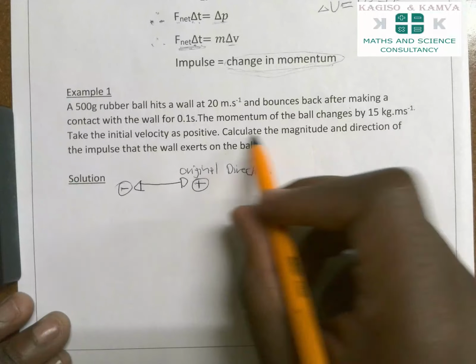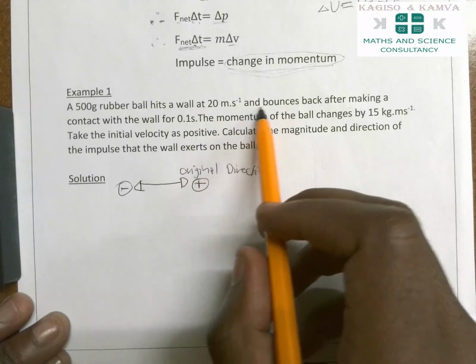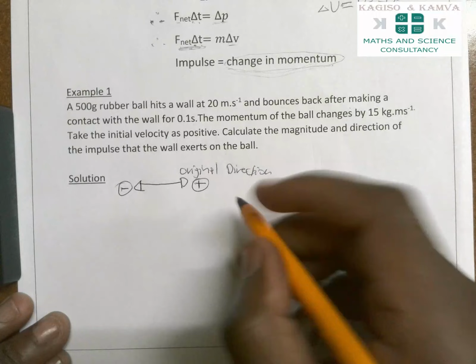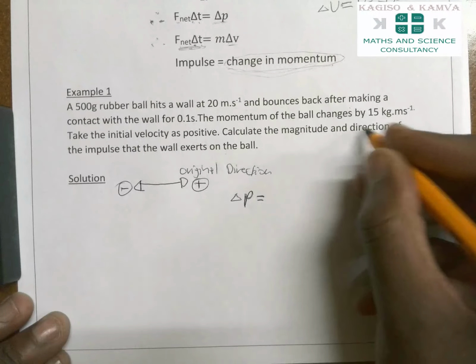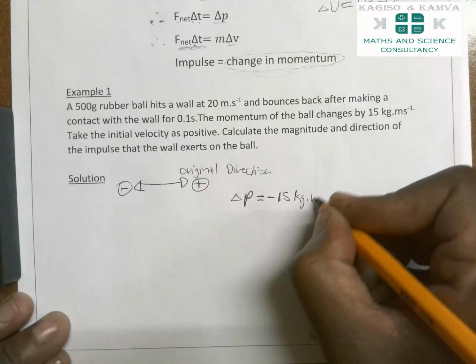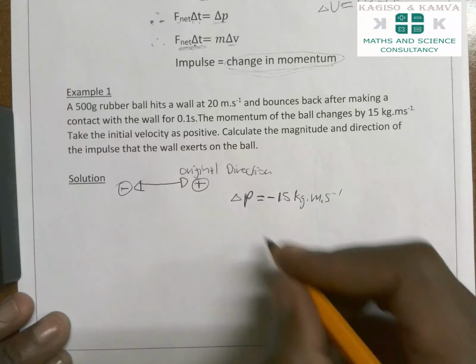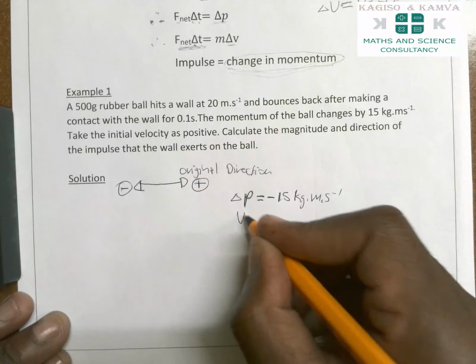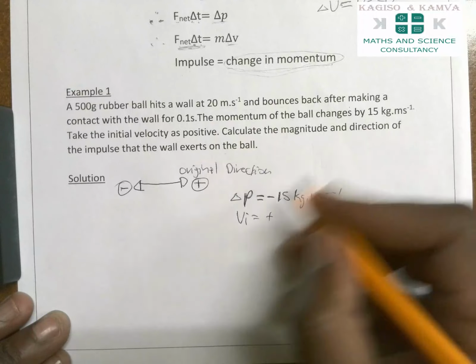We are told the momentum of the ball changes by, it means the ball bounces back. Now the change in momentum will be in the opposite direction. This is going to be negative 15 kg meter per second. We also have Vi, which is positive. This one is negative because it's in the opposite direction.